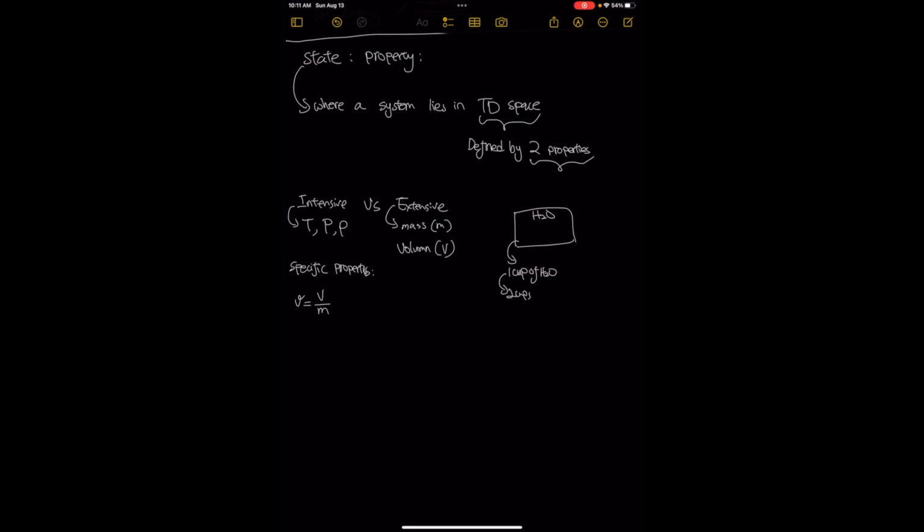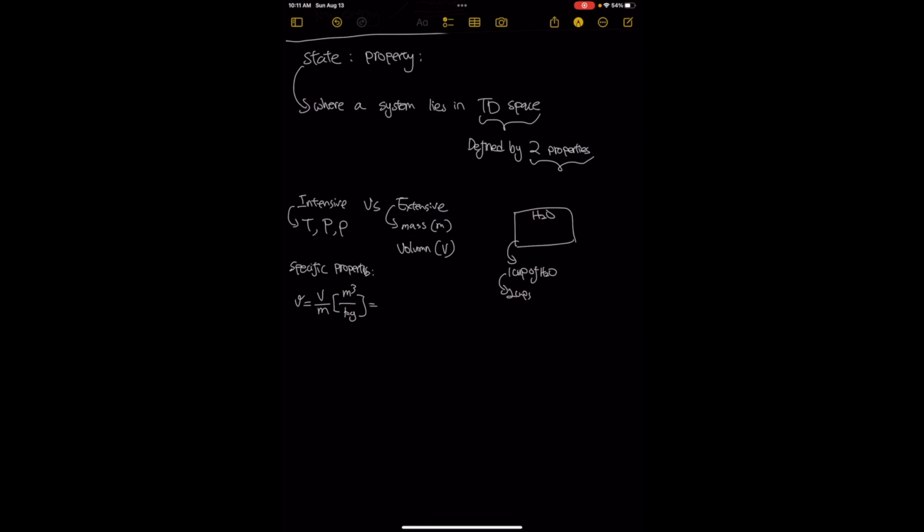And what is the unit of this? We all know the unit for volume is meter cubed, right? And the most common unit for mass is kilogram, right? So here we go. The specific volume unit is meter cubed over kilogram, and this may look familiar to you, right?